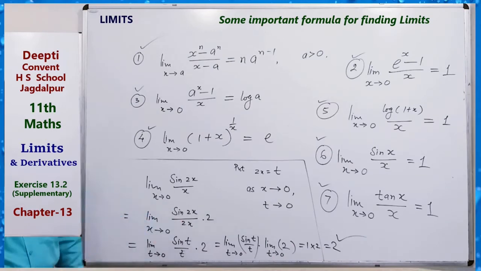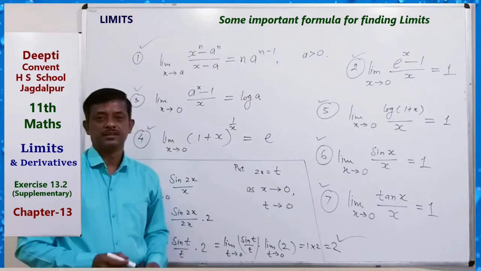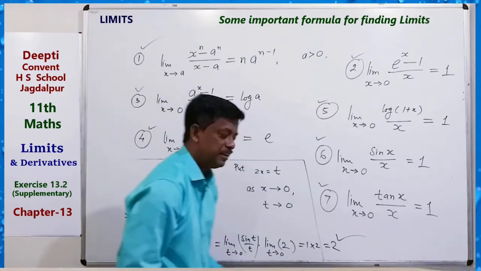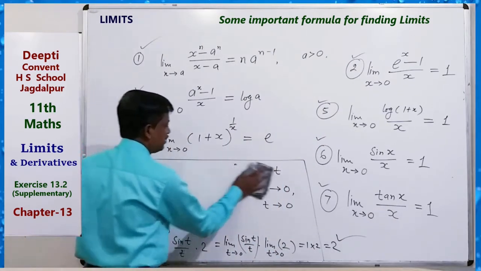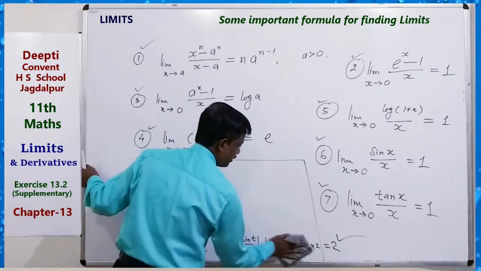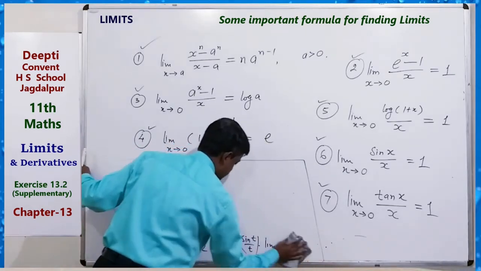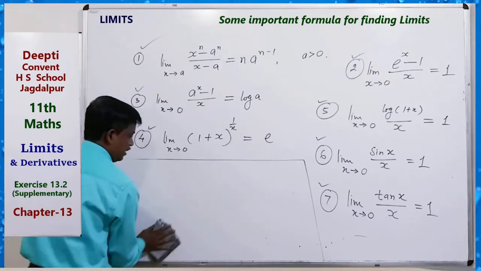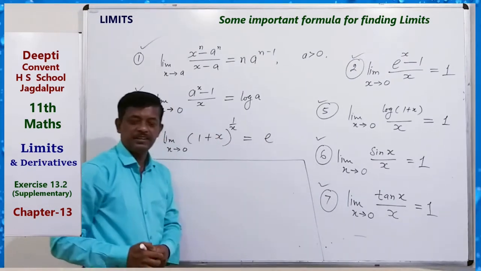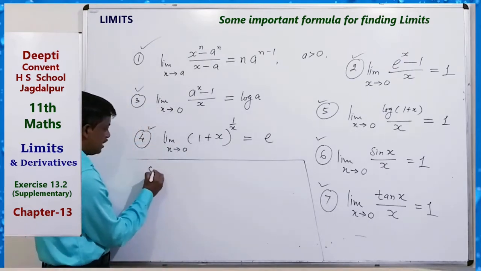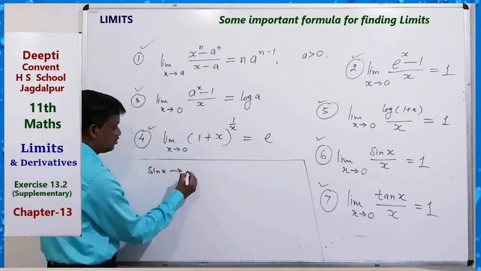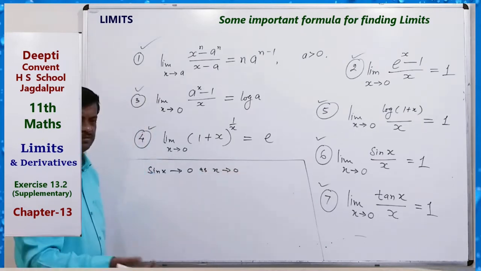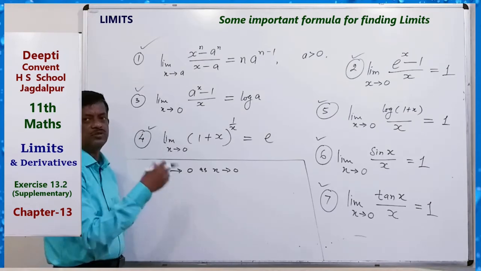So we can set it out like this using substitution. Now the tan x limit can also be done using the following. Remember that sin x tends to 0 as x tends to 0; if x equals 0, then sin 0 equals 0.